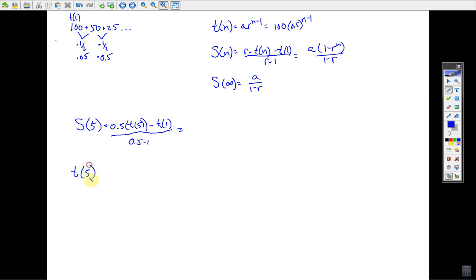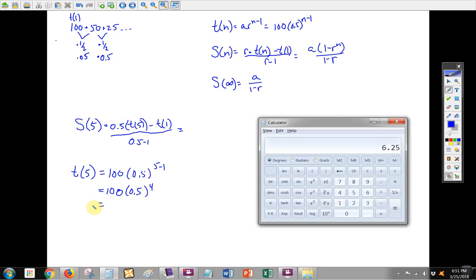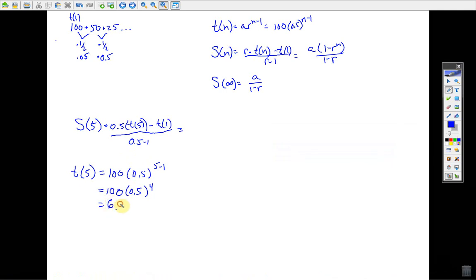So t of 5 equals 100 times 0.5 raised to the 5 minus 1, or 100 times 0.5 to the 4th power, which gives us 6.25. So 0.5 times 6.25, or sorry, minus 100 over negative 0.5.